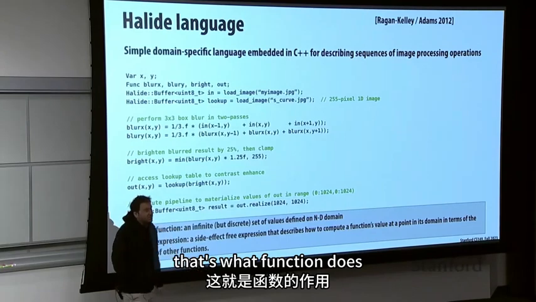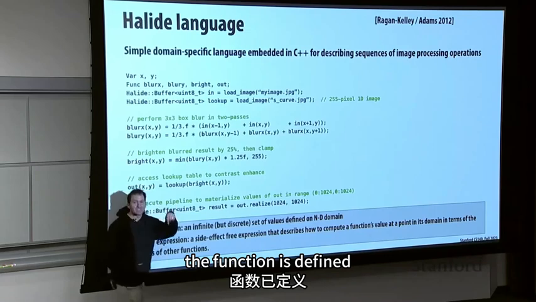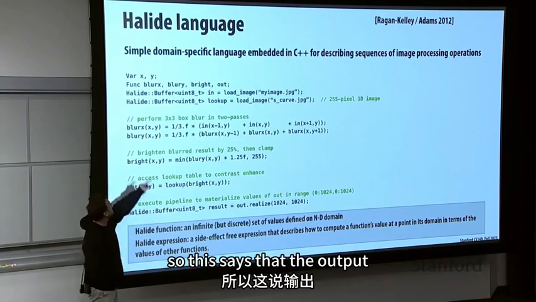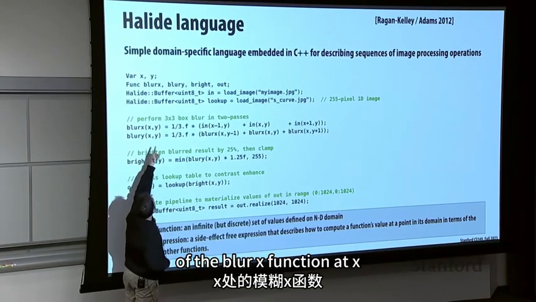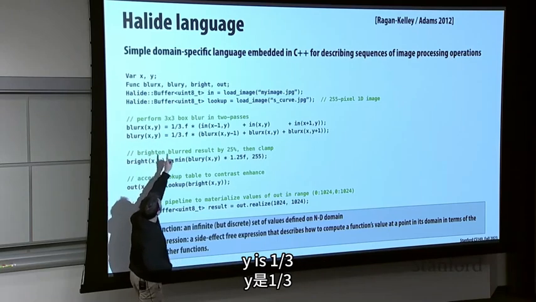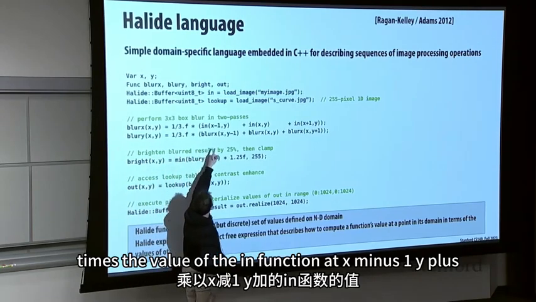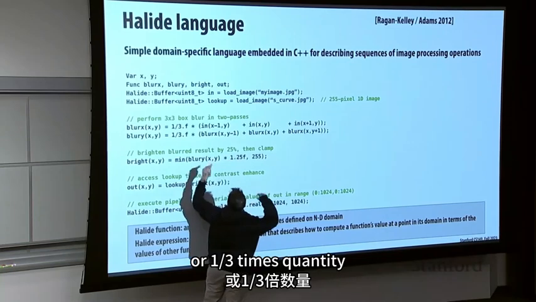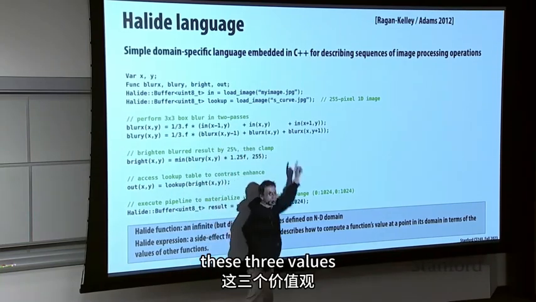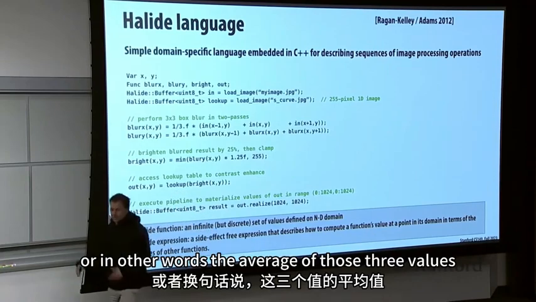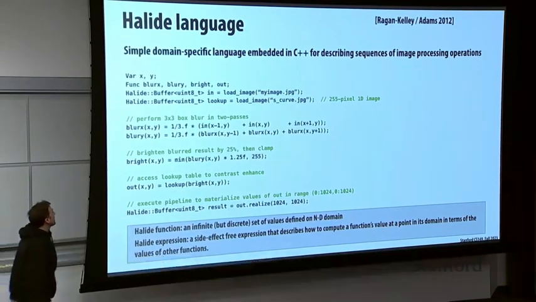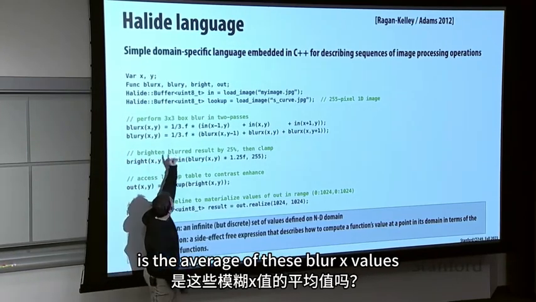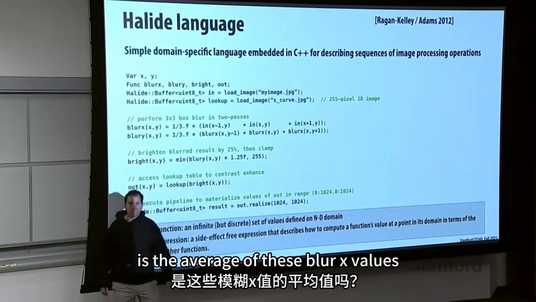That's what a function does, right? And the function is defined in terms of inputs and outputs of other functions. So this says that the output of the blur x function at xy is 1/3 times the quantity of these three values of the in function at x minus 1, y and so on, or in other words, the average of those three values. And there's another function, blur y, and its value at xy is the average of these blur x values.